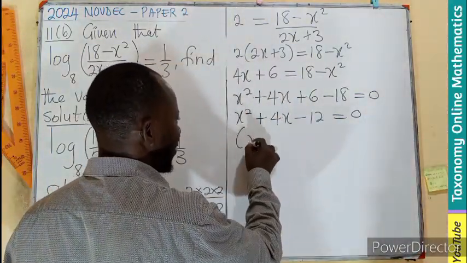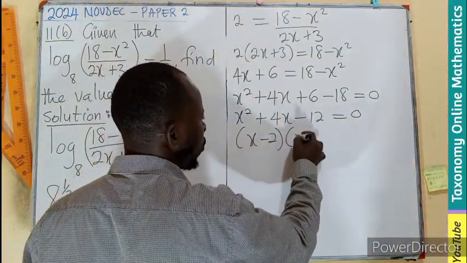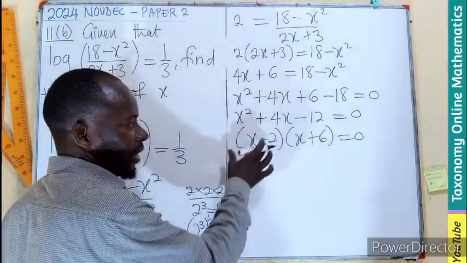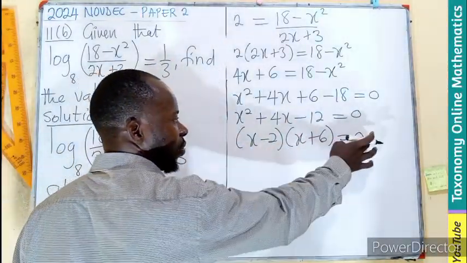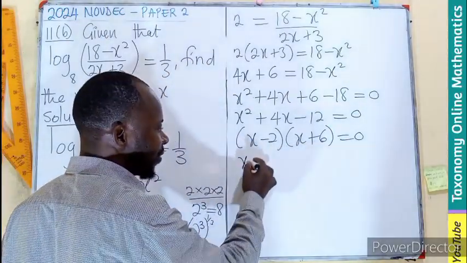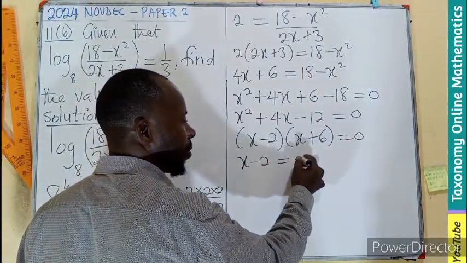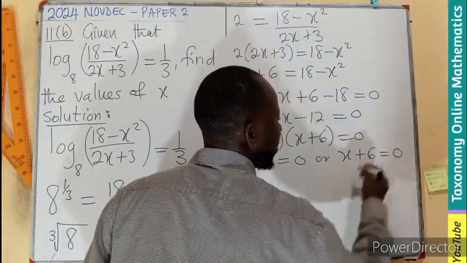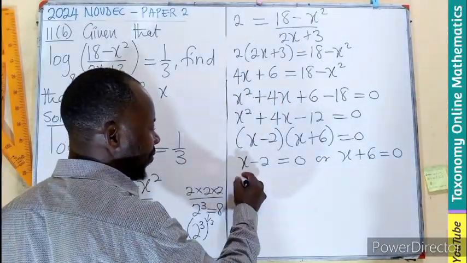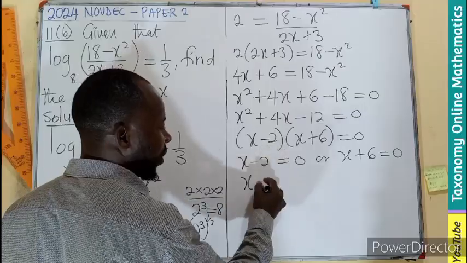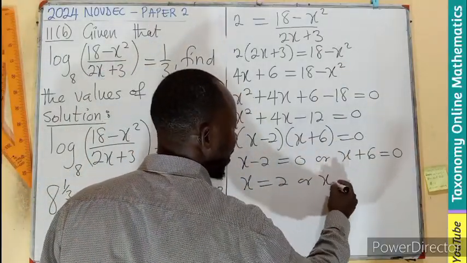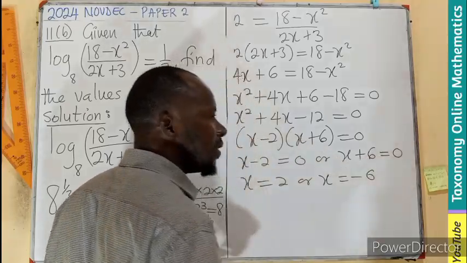Meaning we open bracket, x minus 2, x plus 6, just the factors that we found. This is multiplication identity, so we are having 0. So it means x minus 2 is 0, or x plus 6 is 0. So we have x transposing this to give us positive 2, or transposing this to give us x equals negative 6.